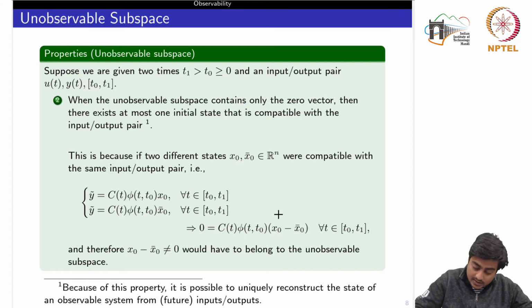Now this equation means that this x0 minus x0 bar, which is not equal to 0, belongs to the unobservable subspace, because this equation has been satisfied, as we have seen in the definition. So there exists at most one initial state. There cannot exist two initial states. That is why it helps us to uniquely reconstruct the state of the system.